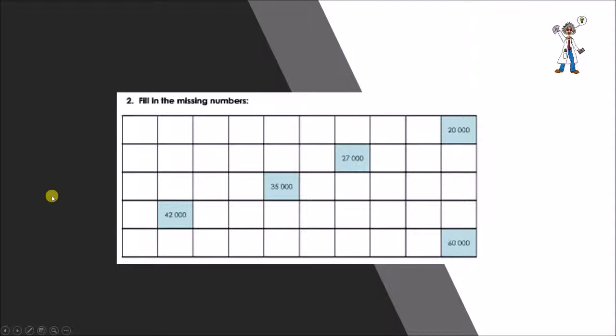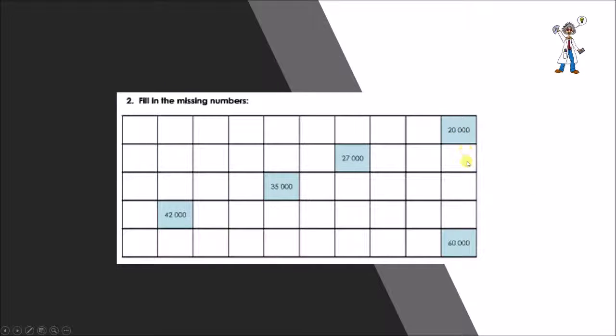Here's a block, and you have to fill in the missing numbers. To do that, you need to find out in which direction the numbers are going and by how much they increase or decrease every time.